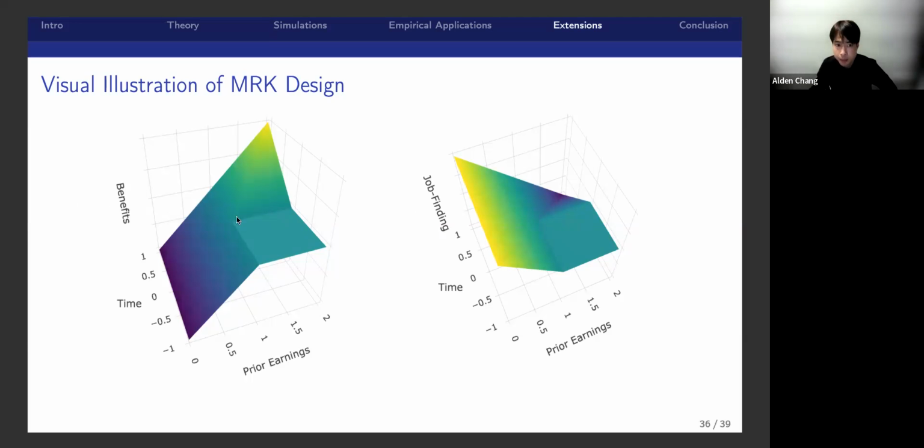It may take a few minutes to orient yourself with these figures. But what these patterns show is that UI benefits have negative effects on job finding probability. But this particular example is based on simulated data. I don't yet have an empirical application for this.